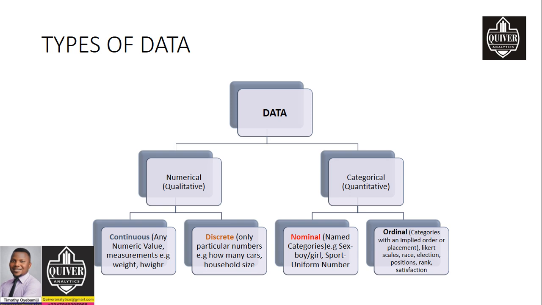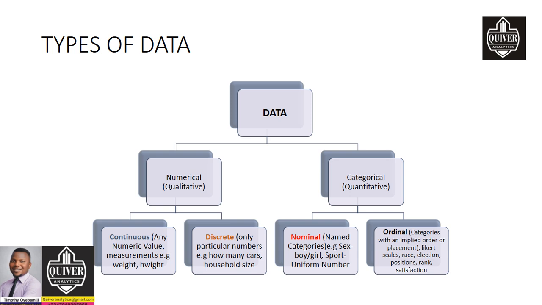So the things we'll be writing are whole numbers like 5, 7, 2, 1, 0. So that's discrete. It doesn't have any spillover. It's either 7 or 8 or 6 or 5. Household size, for example, can be 7 or 10.